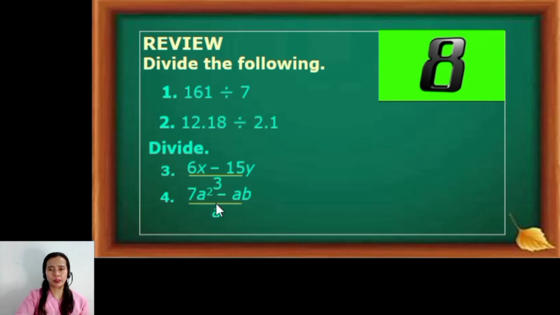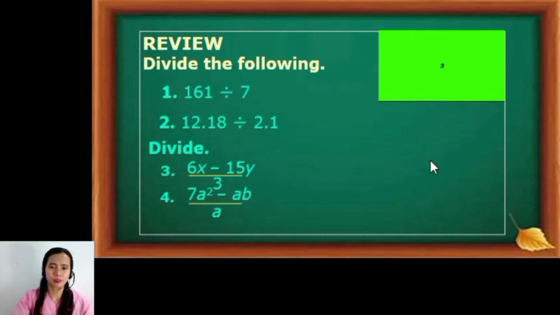You have to break this numerator into 6x over 3, then minus 15y over 3, as well as this expression, 7a squared over a minus ab over a. Then apply the laws of exponent. So what will be the quotient?